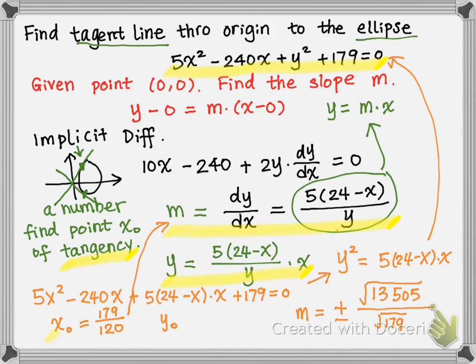Okay, so once you find your x0 and y0, you have to plug them back into the expression of the slope in order to solve for the slope. And the slope must be a number. So once you find that number, you know the tangent line equation is just y equals whatever that number is times x, because it passes through the origin.